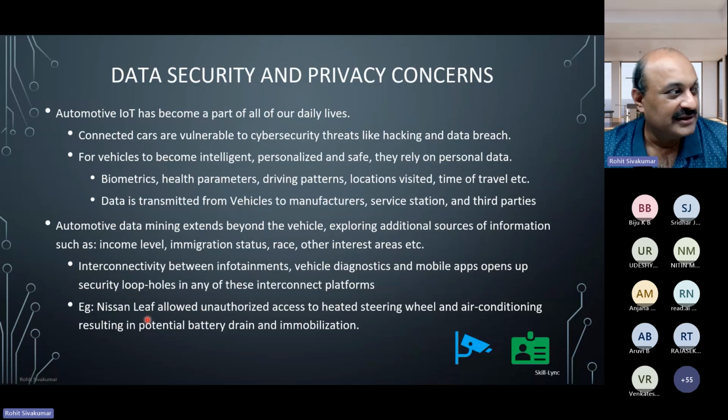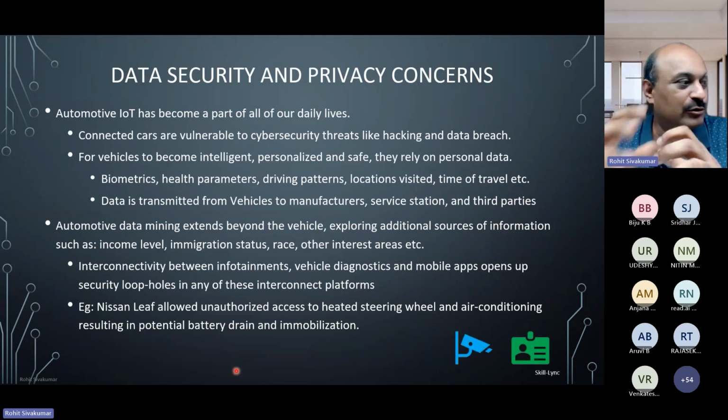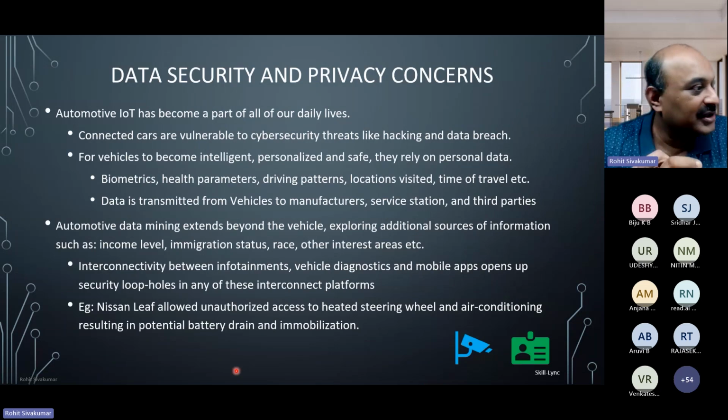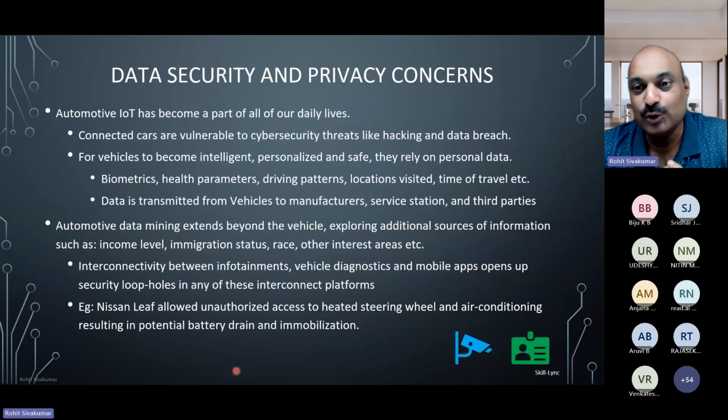To give you an example, the Nissan Leaf from Nissan had a feature which would heat the steering wheel for cold climates so that it's comfortable as soon as you enter the car. There was also the ability to set your air conditioning remotely. There was a bug inside this entire system which allowed unauthorized access to control this from a remote setup. So imagine if I have this sort of bug, some sort of hacking that happens.